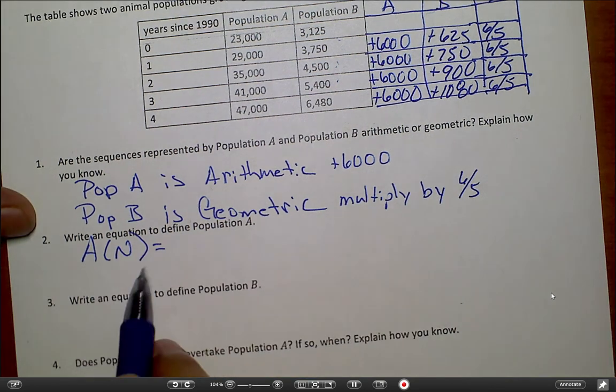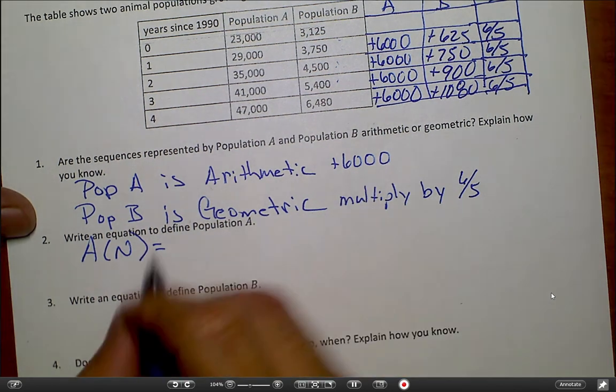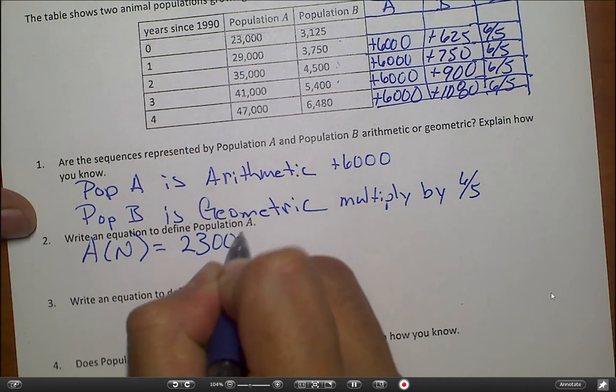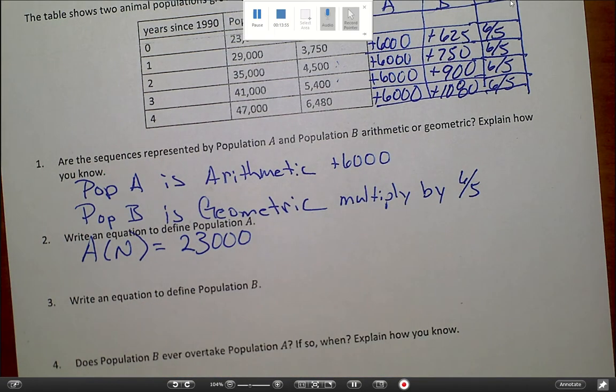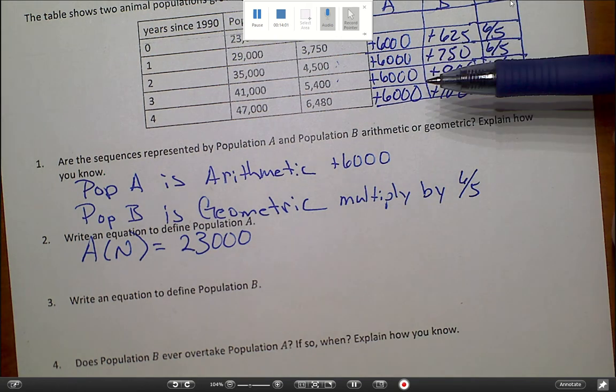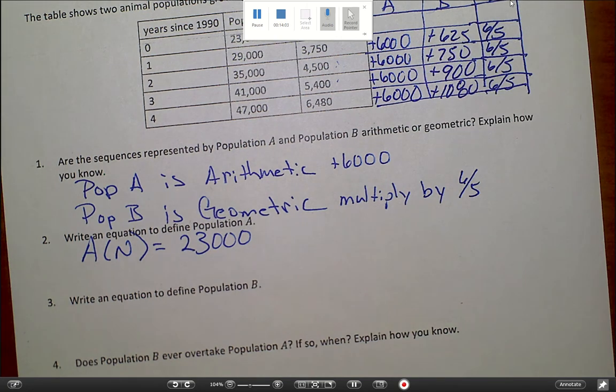So we have this. Now, I'm going to start with 23,000. Now, repeated addition. If it's adding 6,000, adding 6,000, adding 6,000, repeated addition is the same as what? Very good, multiplication. So now, how am I going to show this as multiplication?